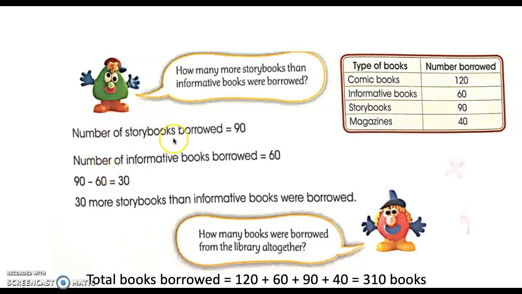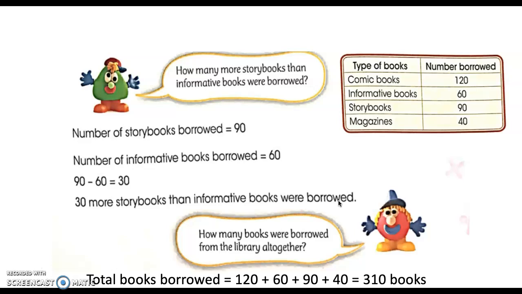Now see, storybooks 90 minus 60, so we have the remaining 30. The remaining comes from the big value, right? So big value is from storybooks. So 30 more storybooks than informative books were borrowed.